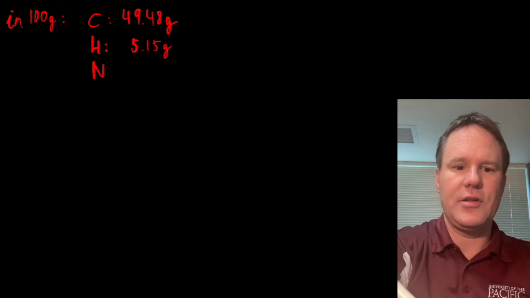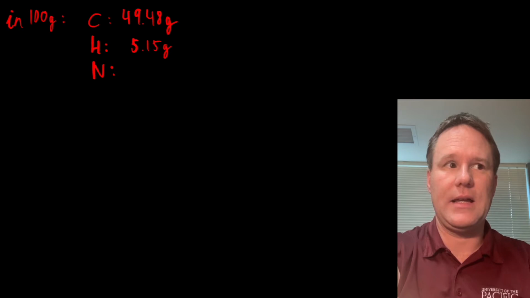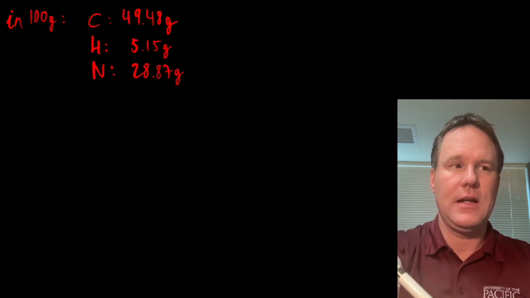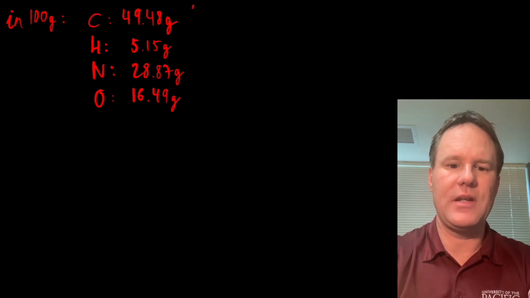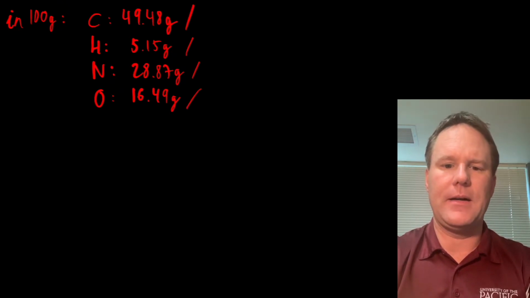For nitrogen, I get 28.87 grams. And for oxygen, I have 16.49 grams. So what I need to do next is convert it to moles. How many moles of each element do I have here? So I have to divide each one by their atomic weight.